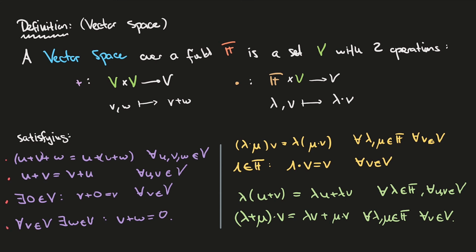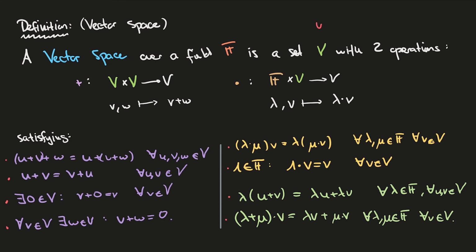And we want the scalar multiplication to be associative, and we want that the multiplicative unit 1 in F is also a unit for the scalar multiplication. And finally, we want that the addition and the scalar multiplication interact nicely with each other, so we have two distributive properties corresponding to the two ways we could possibly have addition and multiplication mixing in the vector space.